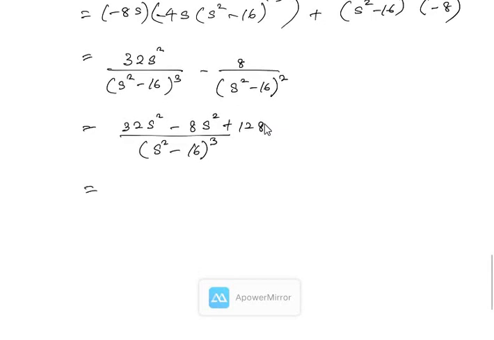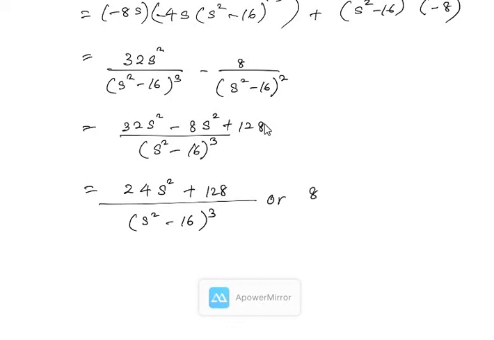So when I simplify, I can get 24s squared plus 128 divided by (s squared minus 16) to the power of 3. Or I can write it down, factorized, as 8 times (3s squared plus 16) divided by (s squared minus 16) to the power of 3. Okay, so this is about the derivative of transform property. Hope you can understand and enjoy watching. Thank you.